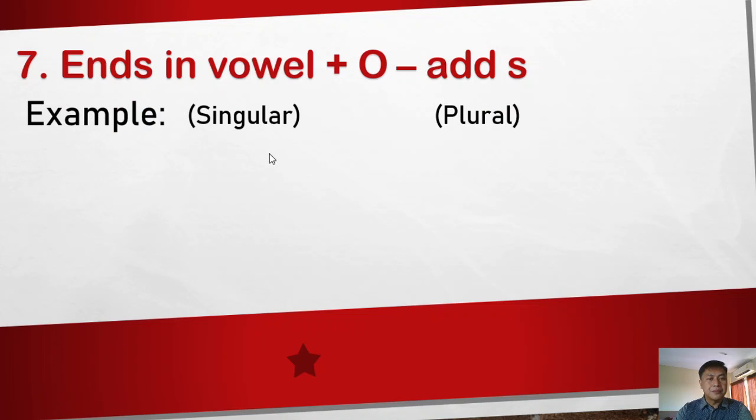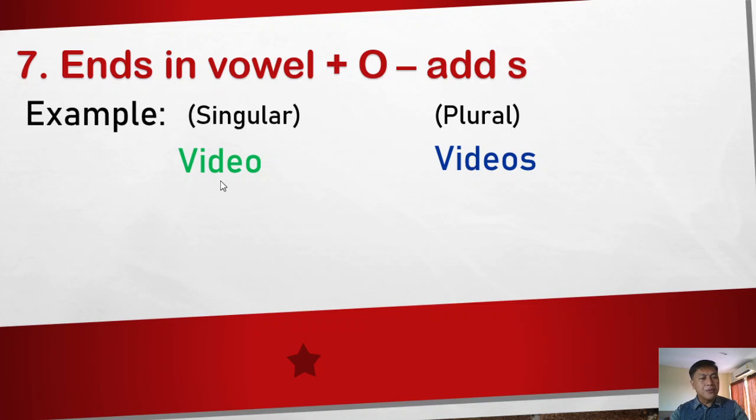For example, video. Video ends with E and O. Since E is a vowel, it is vowel plus O. So you add S, and that becomes videos.